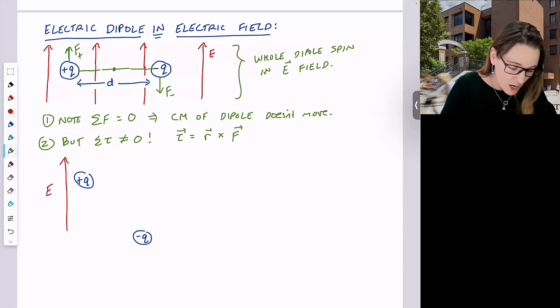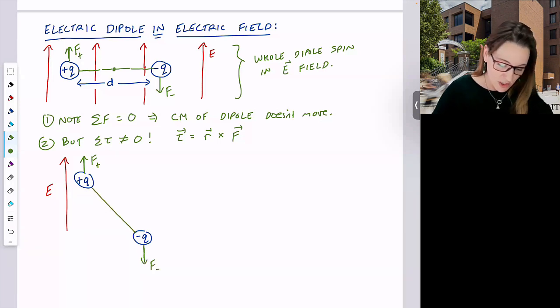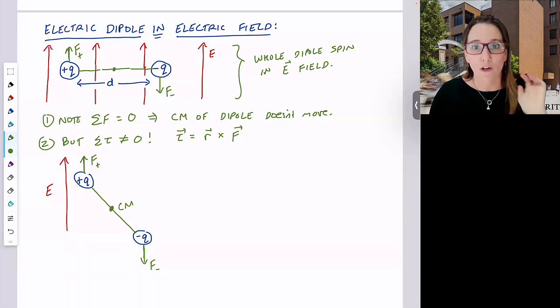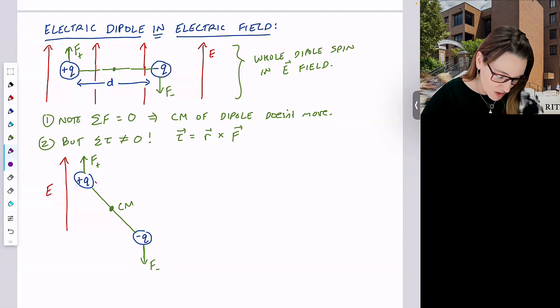We have a force on the positive charge and a force on the negative charge. They have some separation distance d, and their center of mass is located in the center of the two.